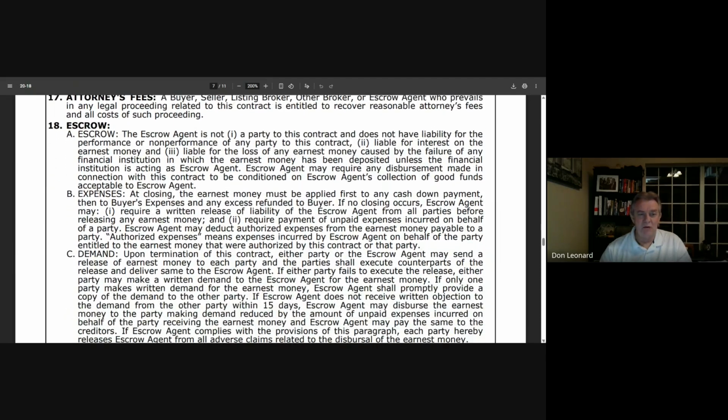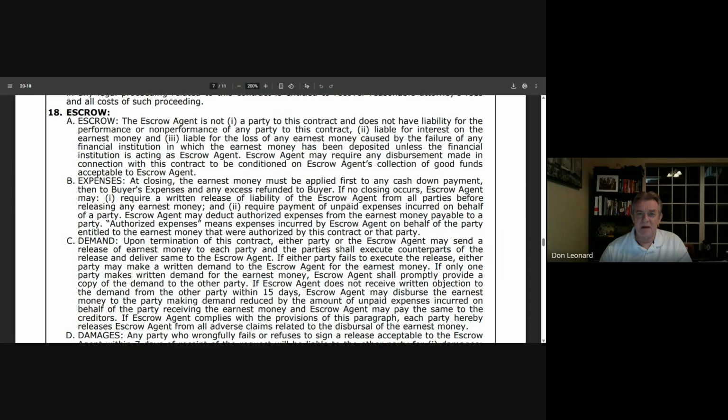18, escrow. Title company's job is also to close the transaction. They talk about the escrow agent, not a party to the transaction. Title company is supposed to be a neutral service provider. They don't represent either side. They're supposed to be neutral. A lot of times they are not all that neutral, usually because the agents are the ones who pick the title company, even though it's supposed to be between buyer and seller.